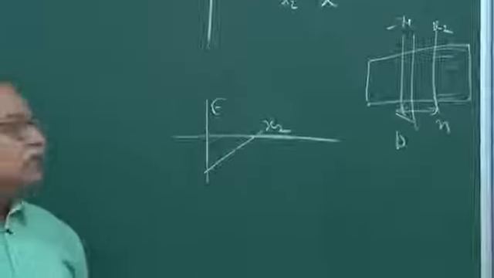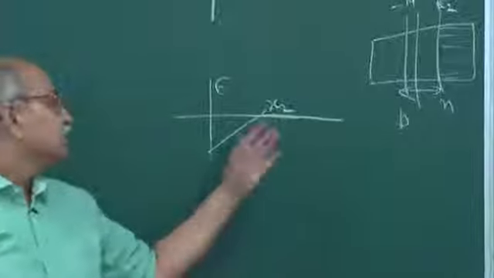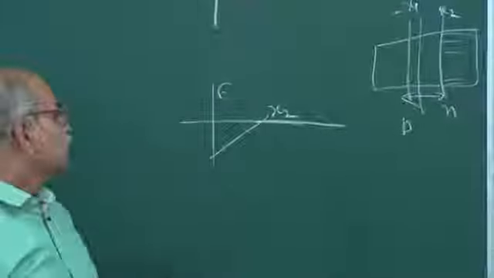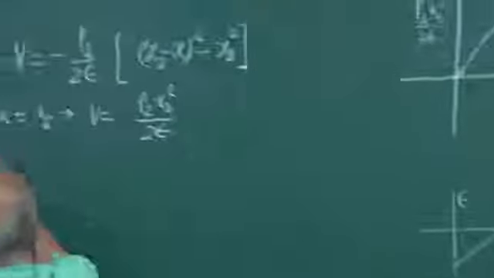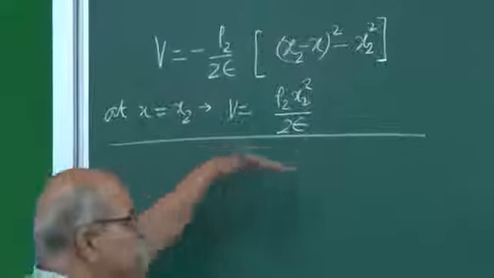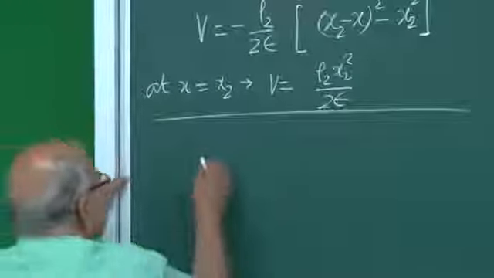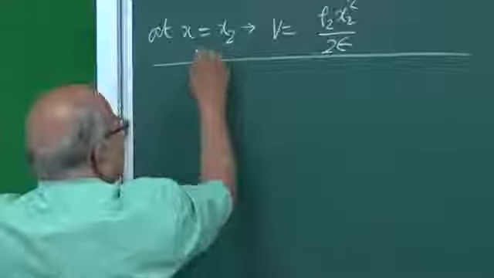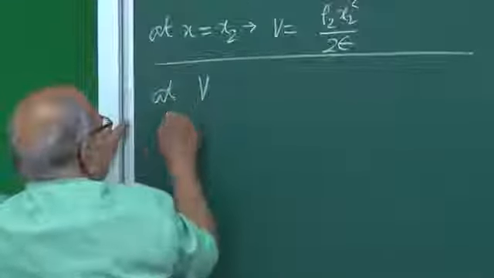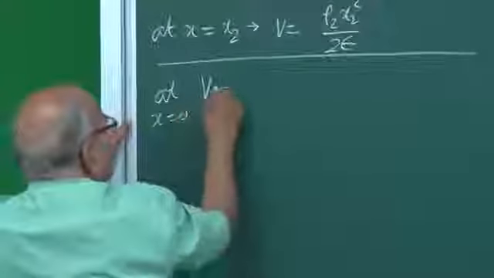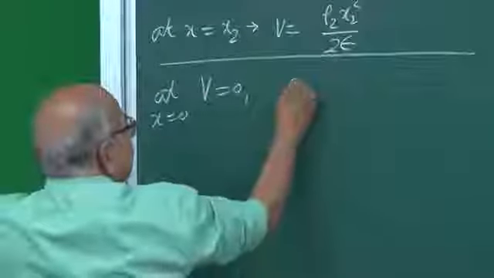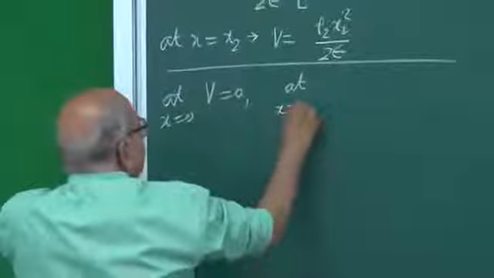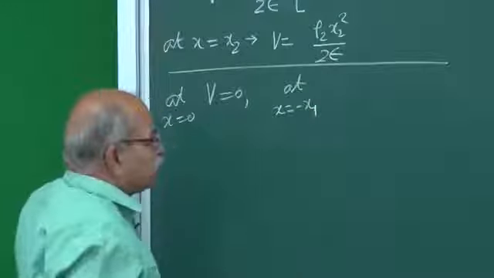Same is the story on the p side, or x less than 0. If you write for x less than 0, it is the same algebra, identical, and this v will be 0 at x equal to 0, we have taken v equal to 0 anyway, and at x equal to minus x1 it should be quadratic.